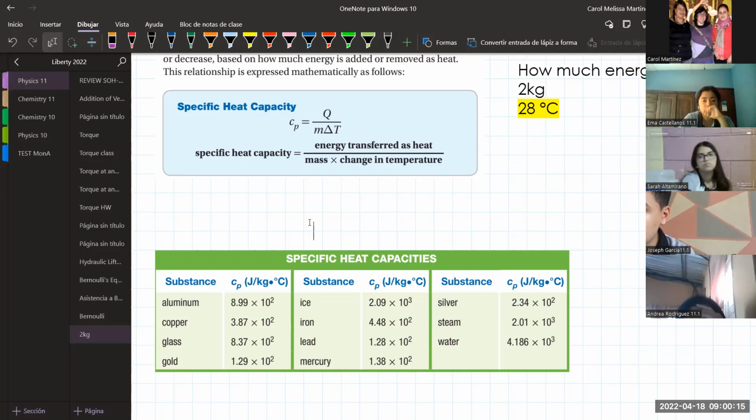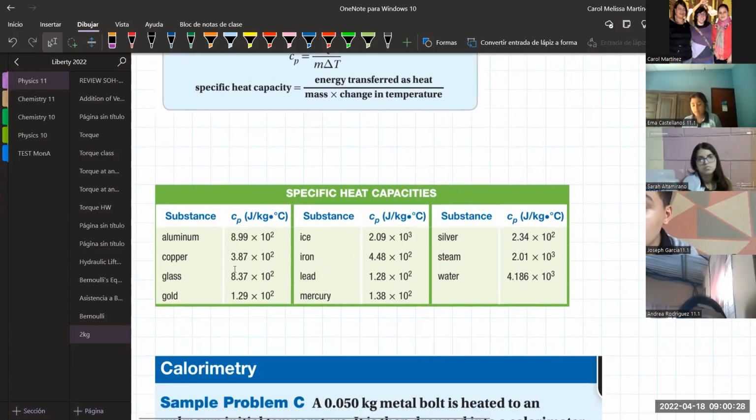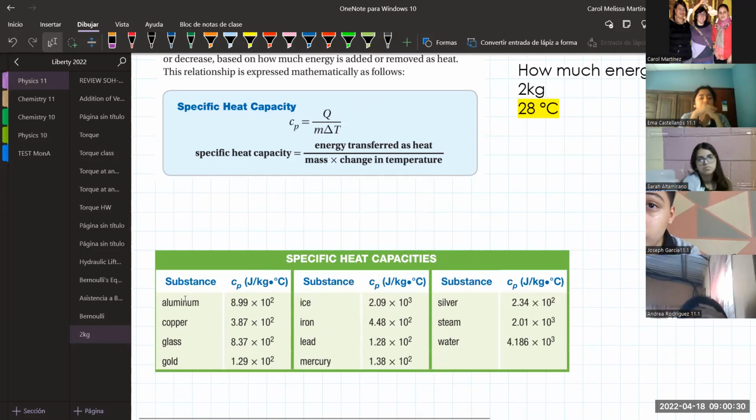For example, we have some metals, but we also have some liquids, and even steam, vapor. So you can see that all these substances have a unique specific heat capacity. That's very specific.